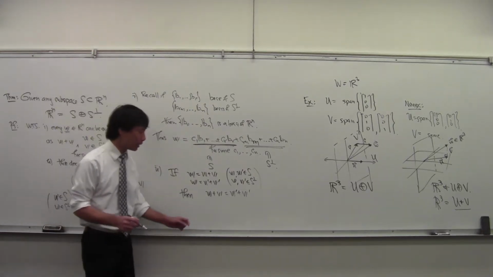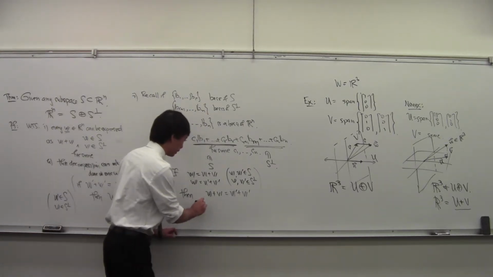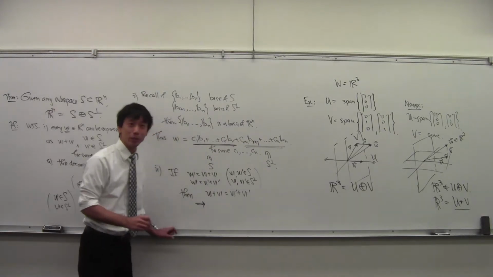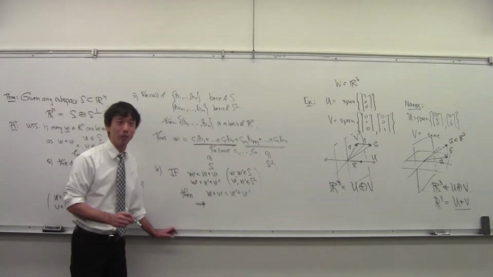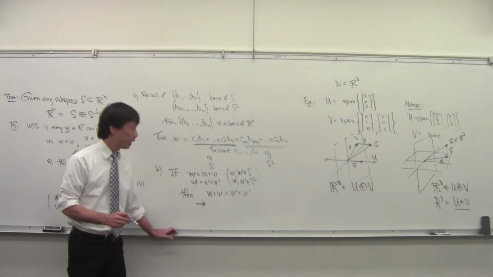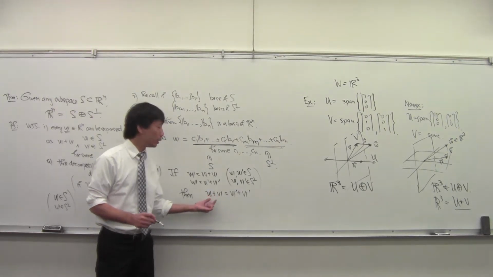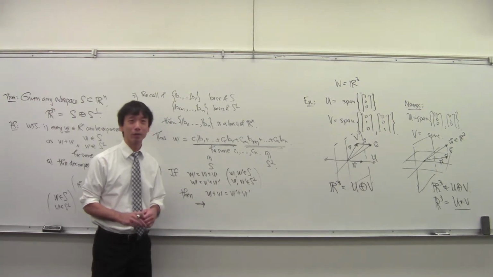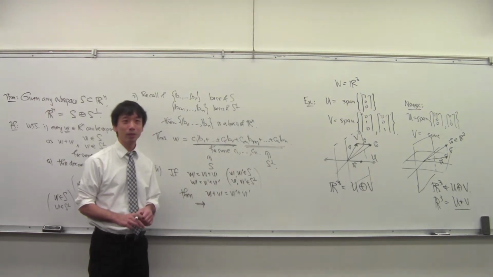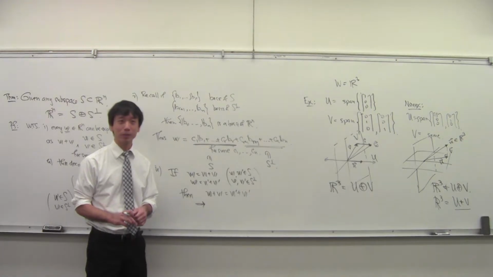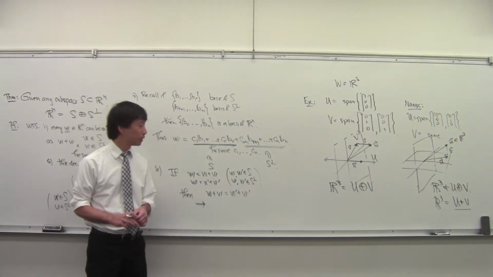You can play a funny trick. Does anyone see how you could show that U minus U prime has to be 0? Why would U minus U prime have to be 0? What's U minus U prime?